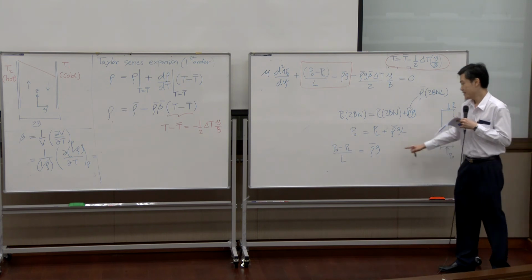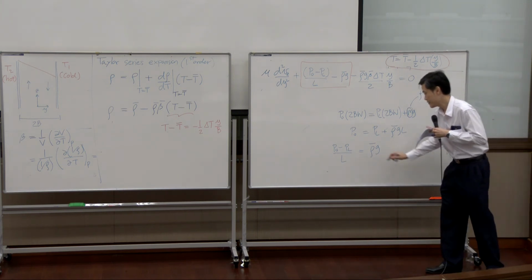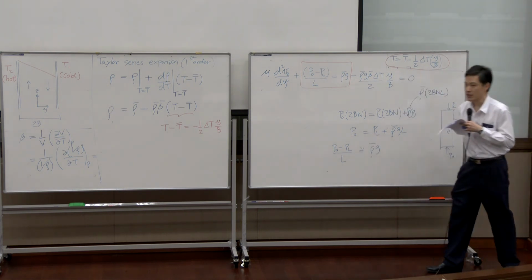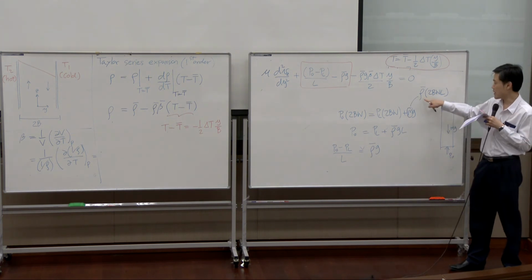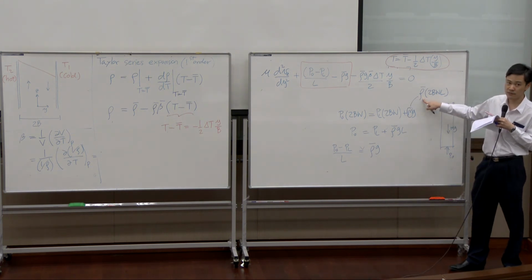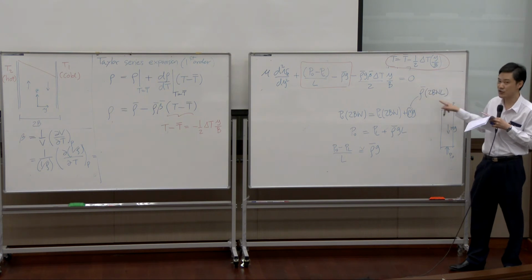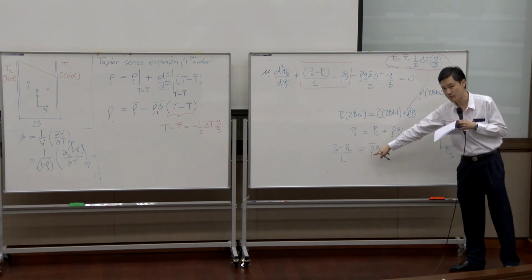Of course, this equation is an approximation because we approximate by rho bar. In detail, density is changing. They're approximately the same.